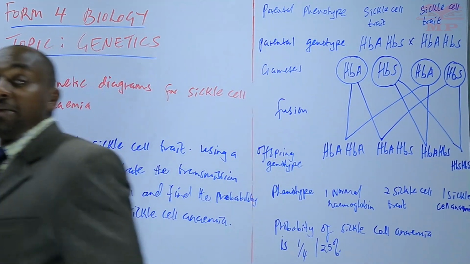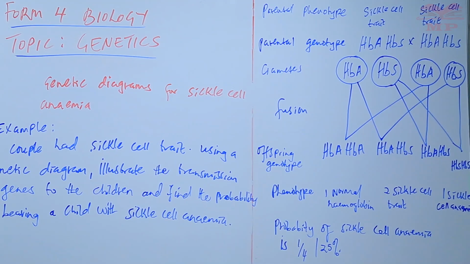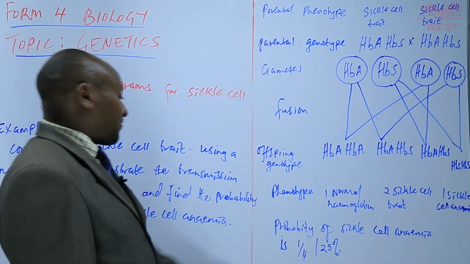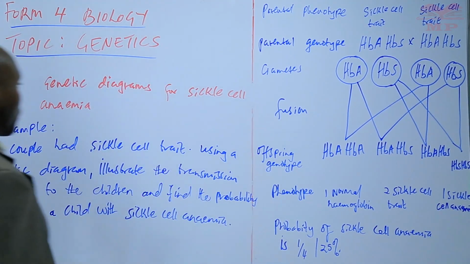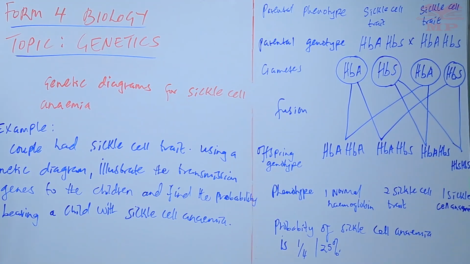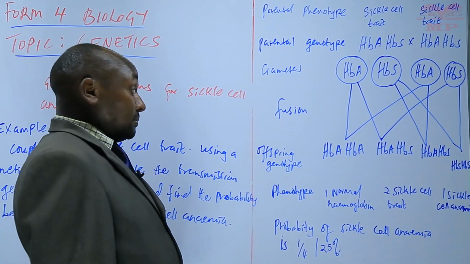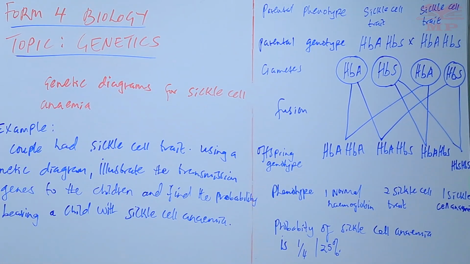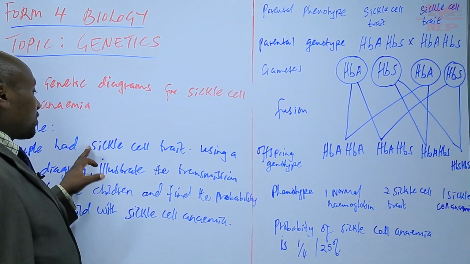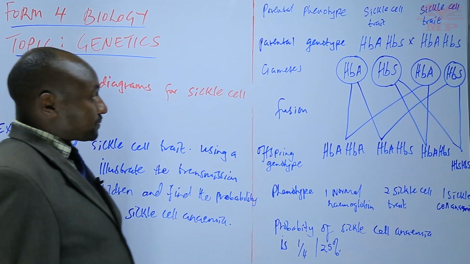So we can either put the probability as a percentage or we can put it as a fraction. So that basically shows how sickle cell anemia is inherited from a couple or from parents who have the sickle cell trait.